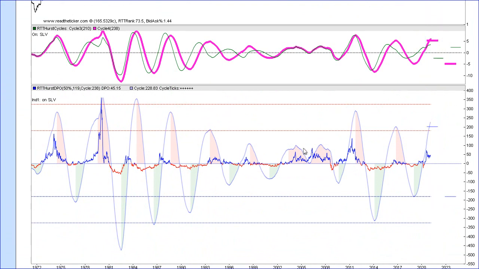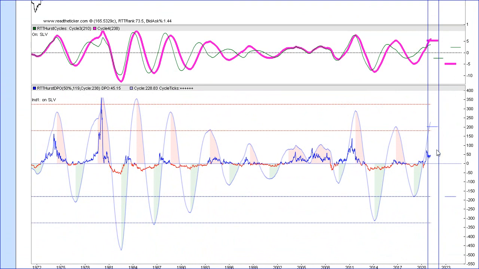And down below we have our DPO, which is our cycle into our detrending price oscillator. So we've got 238, okay? And DPO set is half of the 238, 119. So here we have our cycles, and you can see the blue line versus the red line. And the blue line is when it's above and equal to the trend of the cycle, and the red line is when it's down. So as you can see, we're in the blue line, and it's just a graphical way of showing we probably have a bit more work here before we can confidently say that the cycle's over.